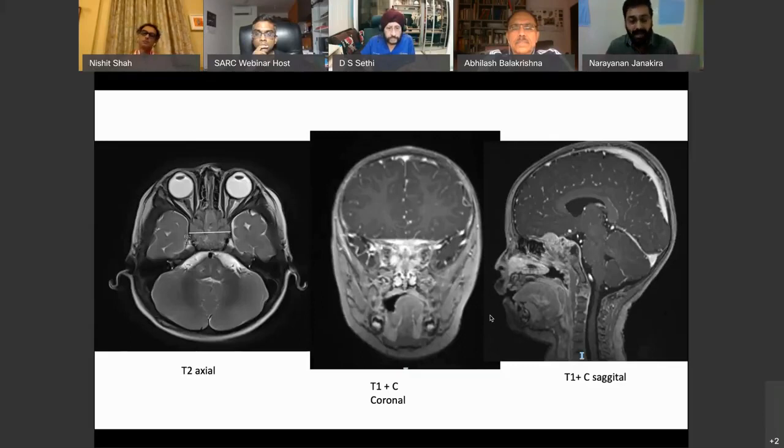A uniform enhancement on a T1 contrast should give either evidence of an inflammatory lesion involving the skull base, or maybe a meningioma kind of presentation. So these are the two things which I will consider when I look at the subfrontal region, a very enhancing dura.